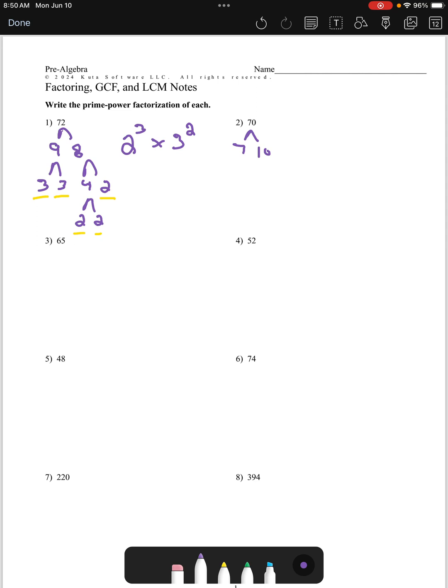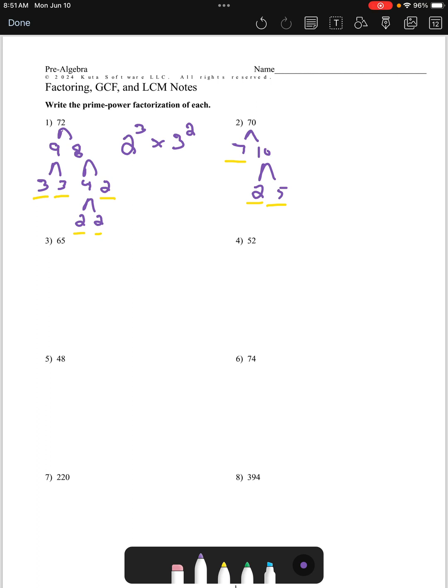The number 70. The most obvious fact to me that makes 70 is 7 times 10. And I don't see any reason to not use the most obvious thing. Now looking at these two numbers, 7 has no multiplication facts that make it. So 7 is locked. But 10, we all know that 10 is 2 times 5.